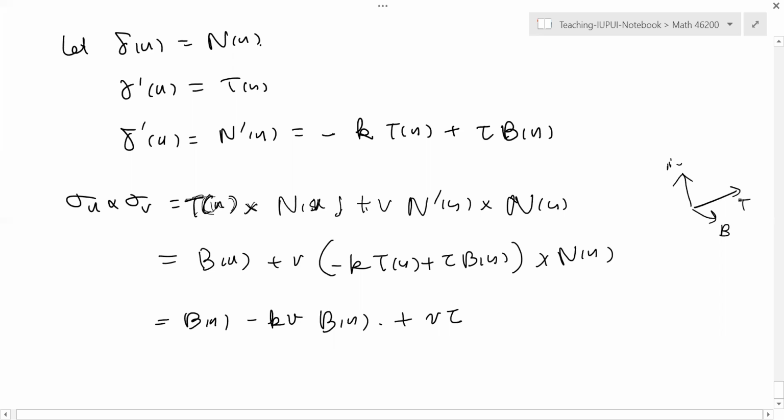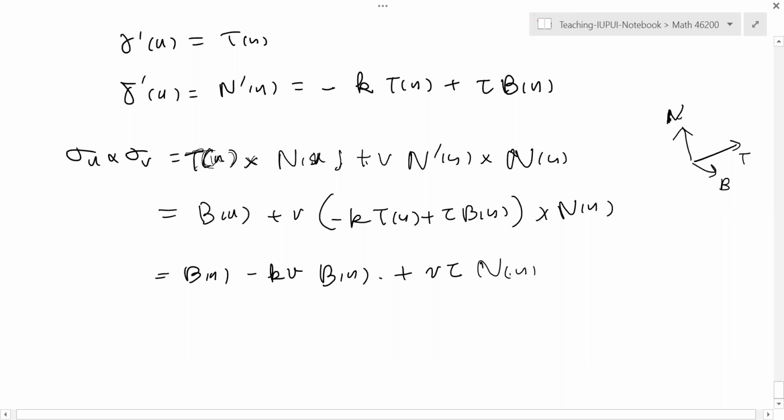B times t should be n. T times n is b, and b times t is n. Right, so now it's clear that it is 1 minus k v b u.